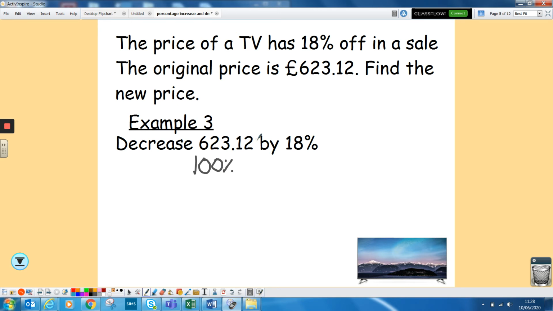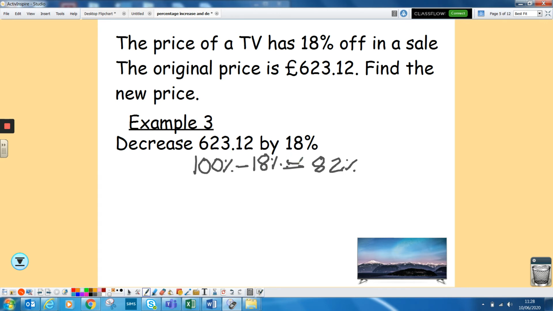So instead of adding as with an increase, we minus 18%. 100 minus 18 gives us 82%.